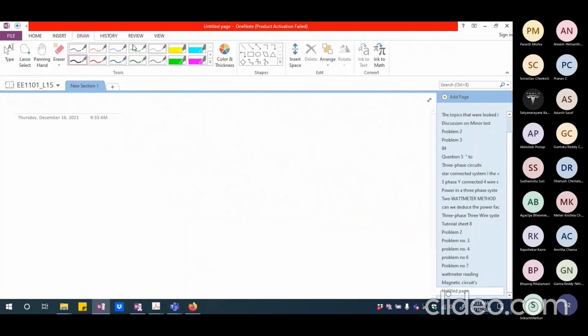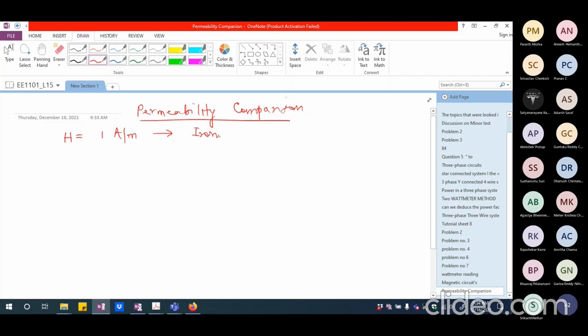And after that, what actually we were talking about was, if let us say I compare the permeability. So if I try to compare the permeability of iron with that of vacuum, that is, if let us say I have a magnetic field intensity of 1 ampere per meter, and I am trying to apply this to, let us say, a piece of iron.